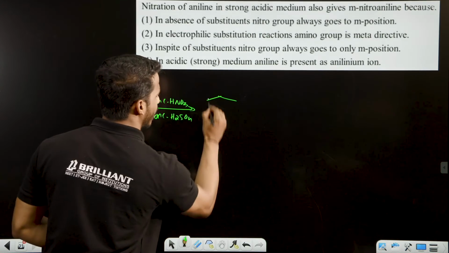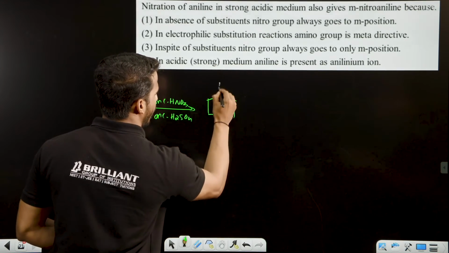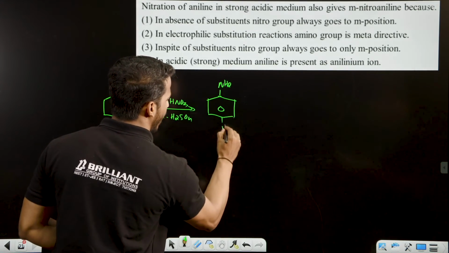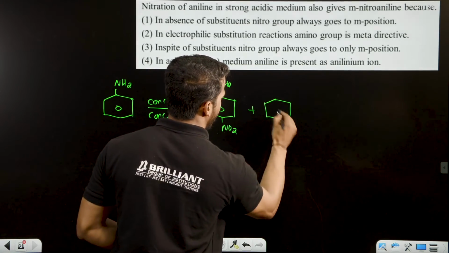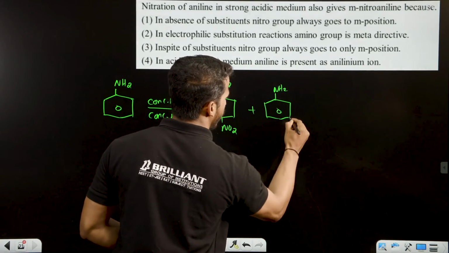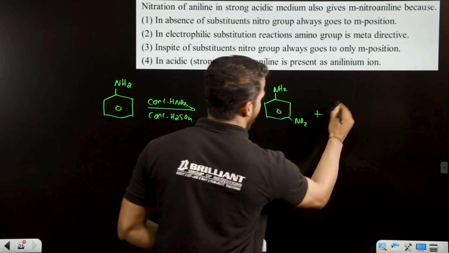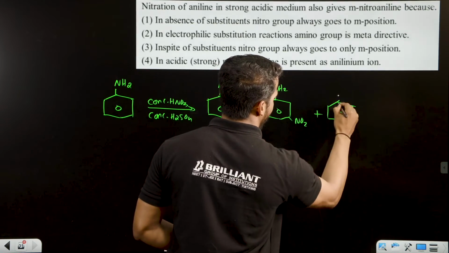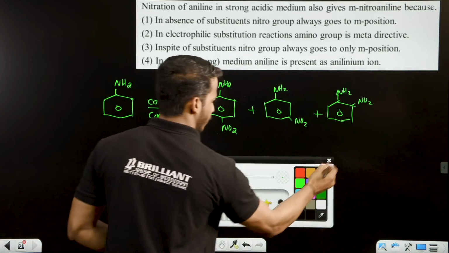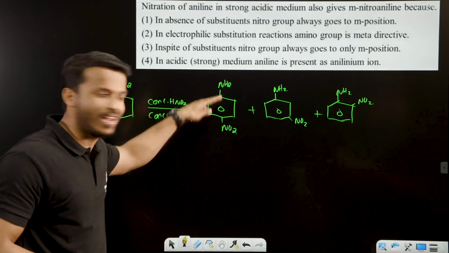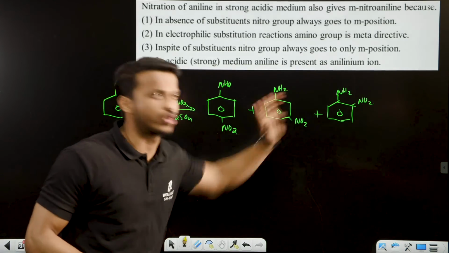So normally we will get three products: NH2 with nitro at para position, NH2 with nitro at meta position, and NH2 with NO2 at ortho position. These are para nitroaniline, meta nitroaniline, ortho nitroaniline.